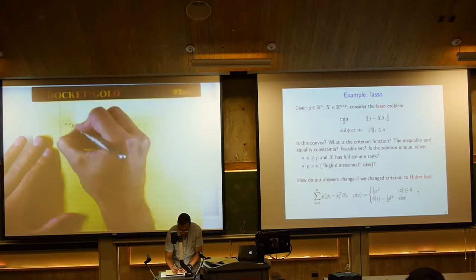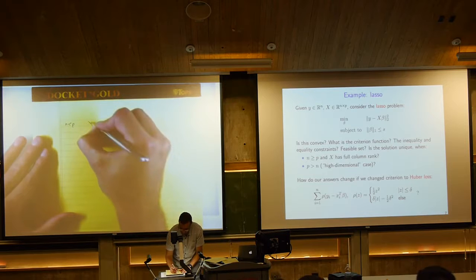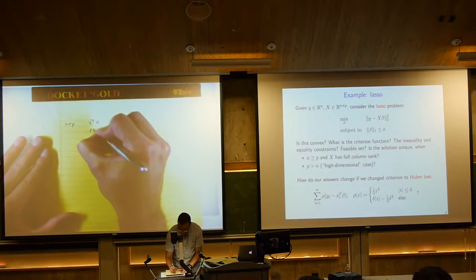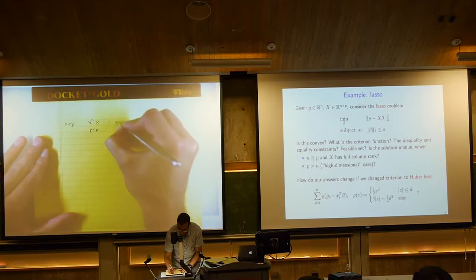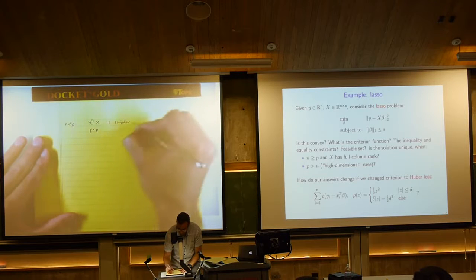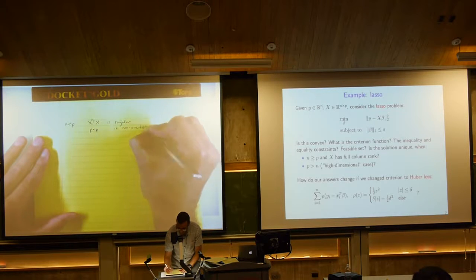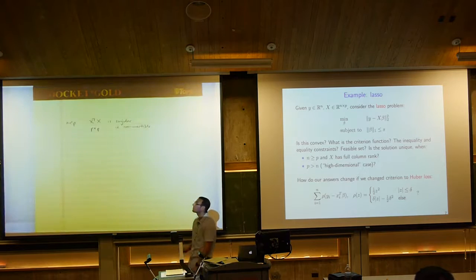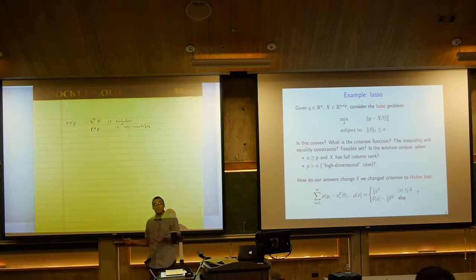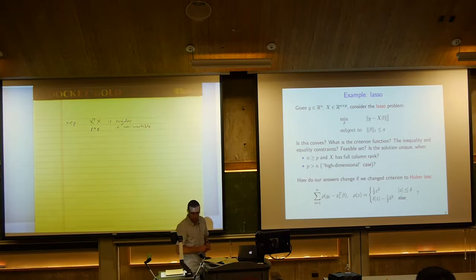Right, so if n is less than p, then X transpose X, which is a p by p matrix, is singular, which means it's non-invertible. So we cannot claim that it's positive definite. It is still positive semi-definite. Maybe this is what was tripping people up.